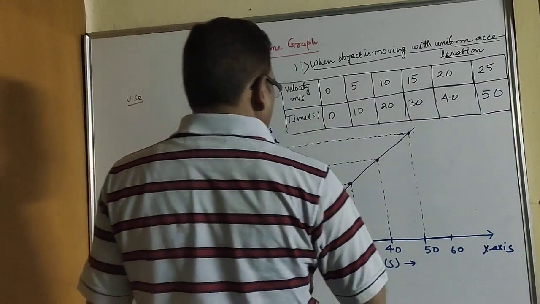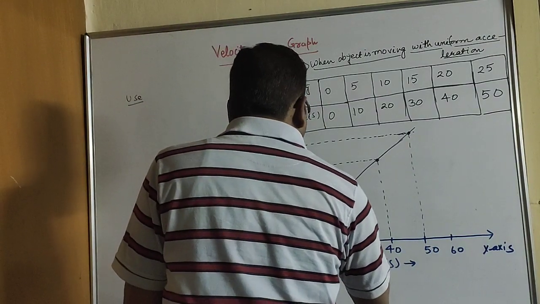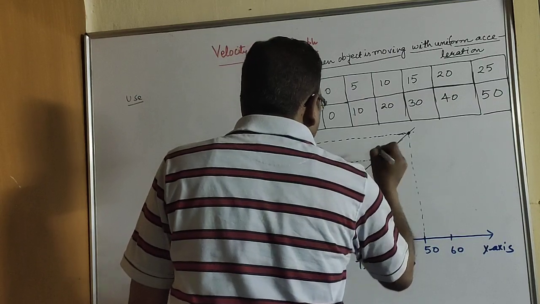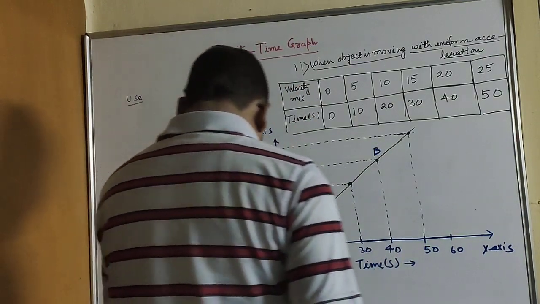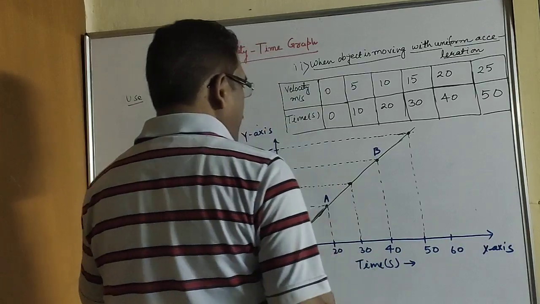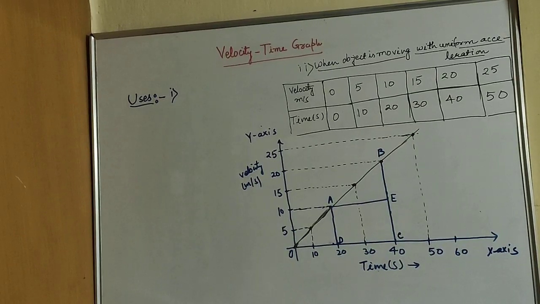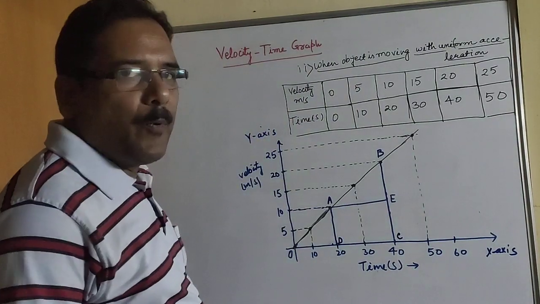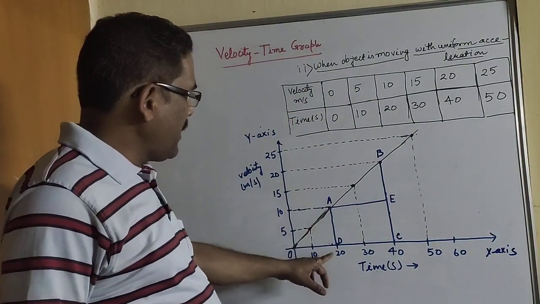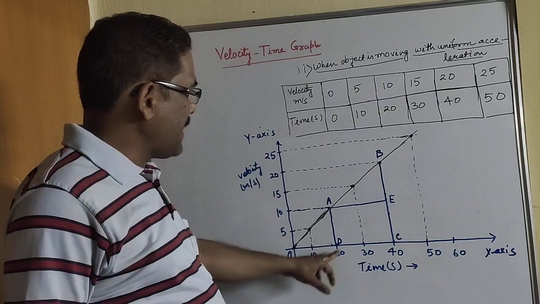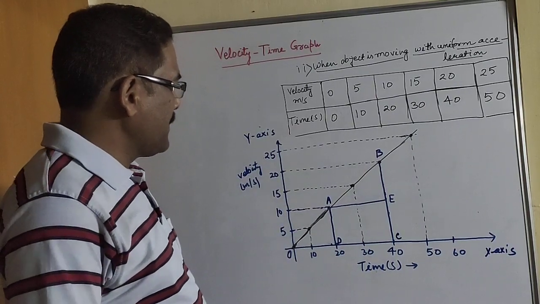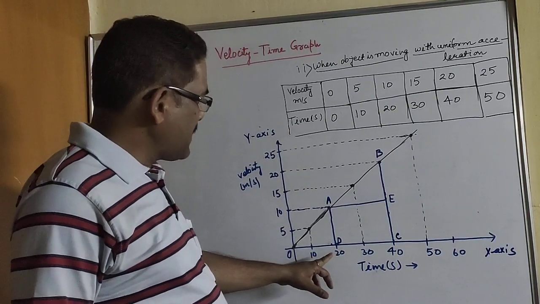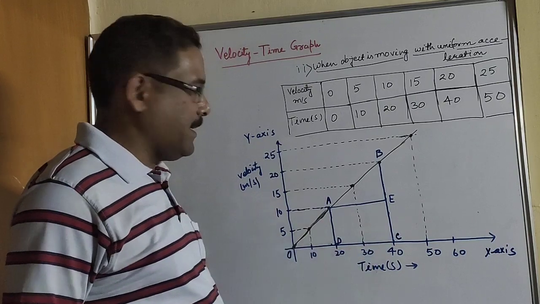First, mark the points as A and B. So we have chosen 2 points A and B. From A we have drawn a perpendicular on x-axis, and from point B also. These perpendiculars cut the x-axis at point D and C.